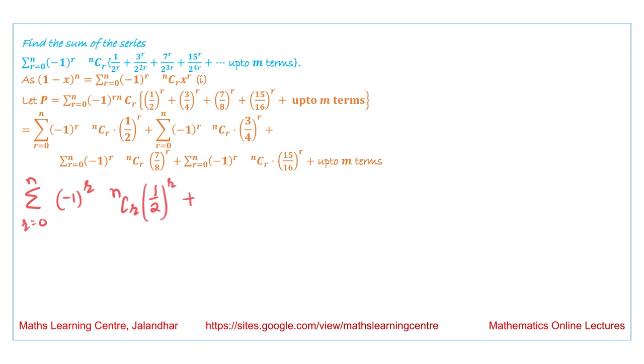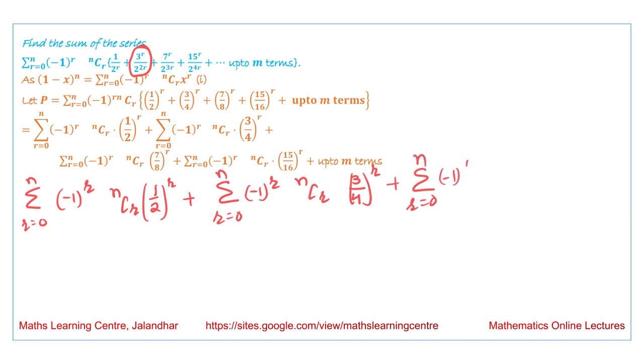Next is plus sigma r equal to 0 to n of minus 1 raised to the power r. We are talking about now the second term: nCr, then 3 by 4 raised to the power r. Next is plus sigma r equal to 0 to n of minus 1 raised to the power r nCr, and we have 7 by 8 raised to the power r.